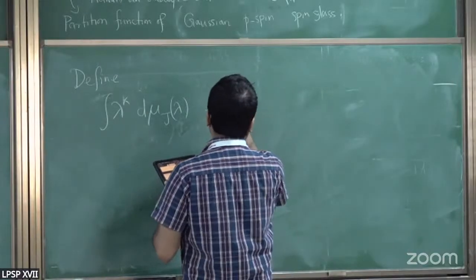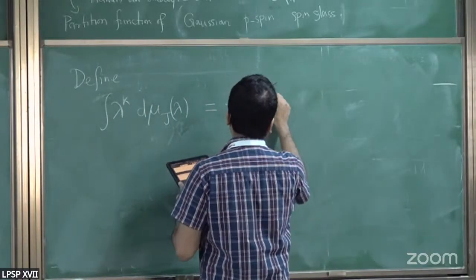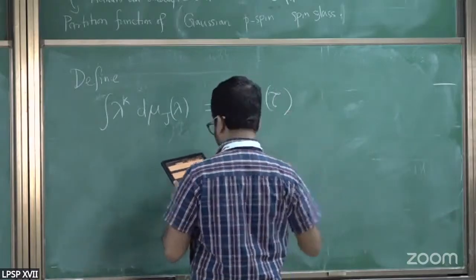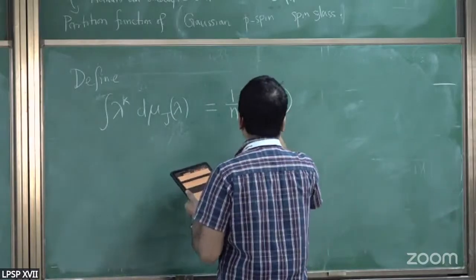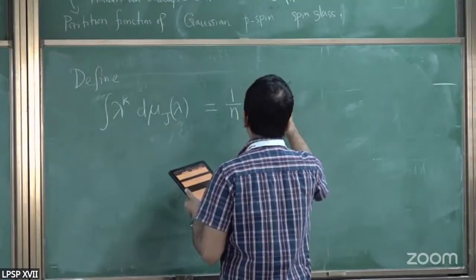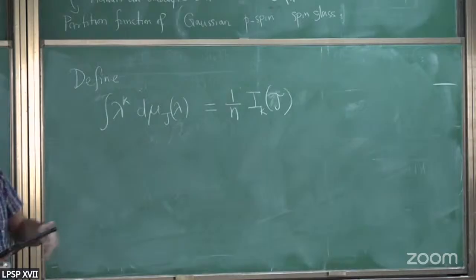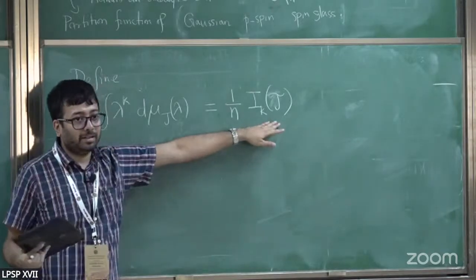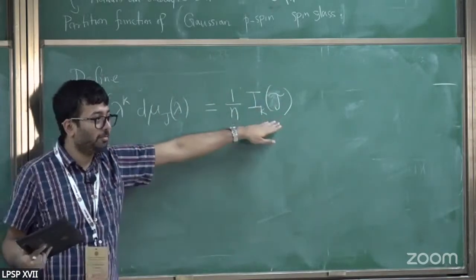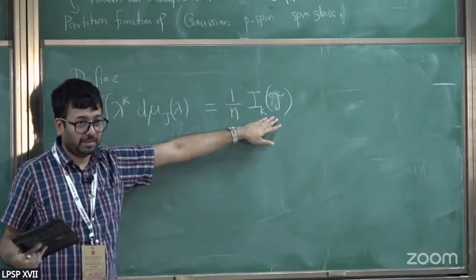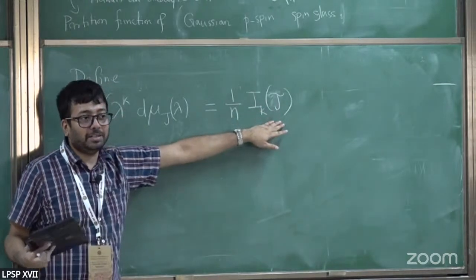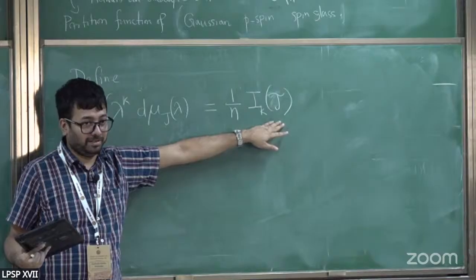I will denote it by I_k of T. It turns out that these I_k(T), like in the matrix case, are polynomials in the entries of the tensor. They are basically the trace of A to the power k if you give me a matrix.